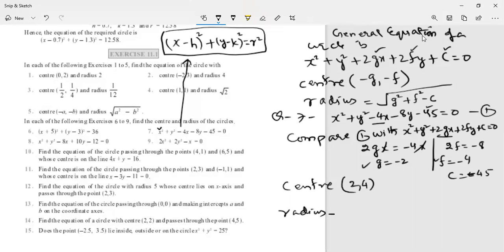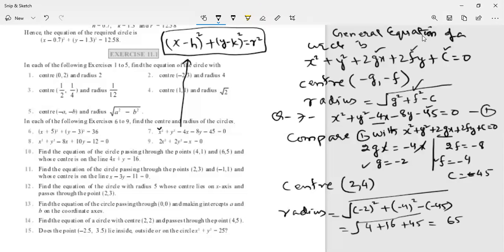The radius is equal to under root of g square, that is minus 2 square, plus f square, that is minus 4 square, minus c, minus of minus 45. C is already negative, so you get 4 plus 16 plus 45, which is 65. So the radius is under root 65.